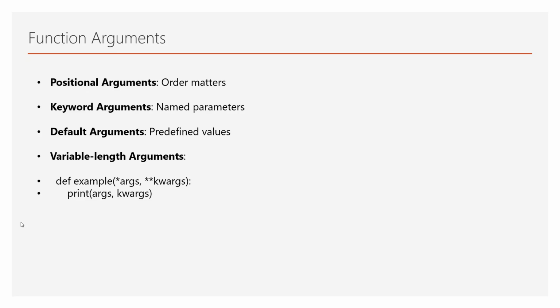Positional arguments must be passed in an order, so the order really matters. Second come keyword arguments, which use named parameters. Next come default arguments, which have predefined values. Then come variable length arguments. For flexibility, we can use args and kwargs for multiple keyword arguments.